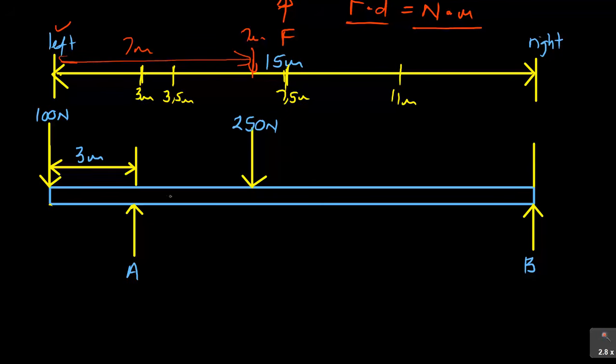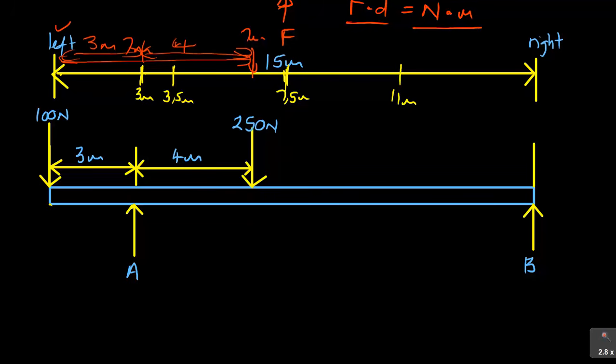For it to be 7 meters, from here to here it has to be 4 meters, and from there to there it has to be 3 meters. So as I said, you write that as your 3 meters, your 4 meters. So that is how slowly you're creating that beam.